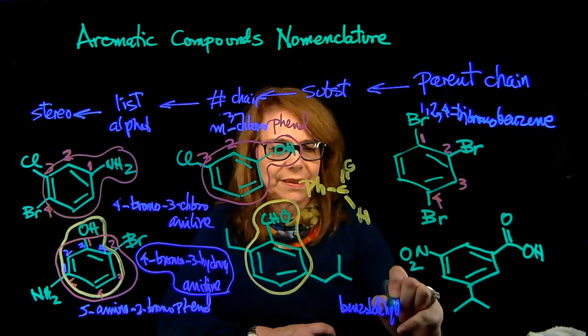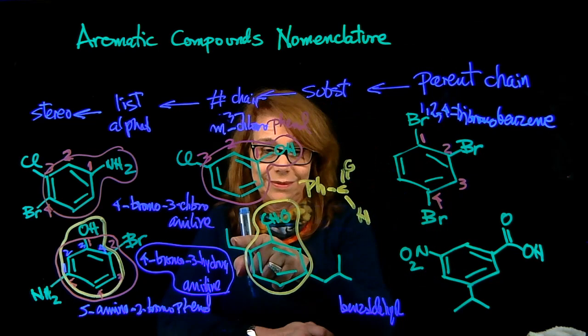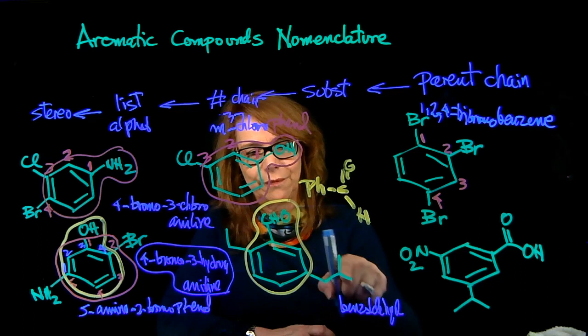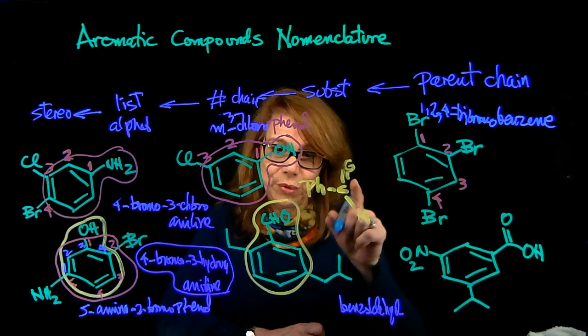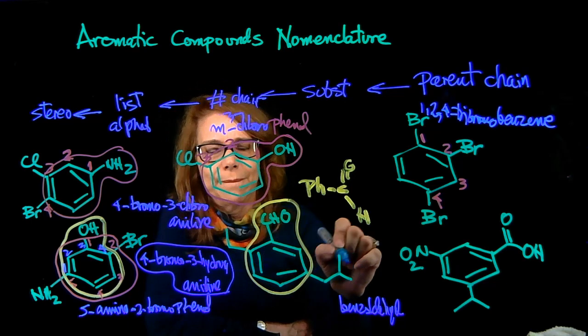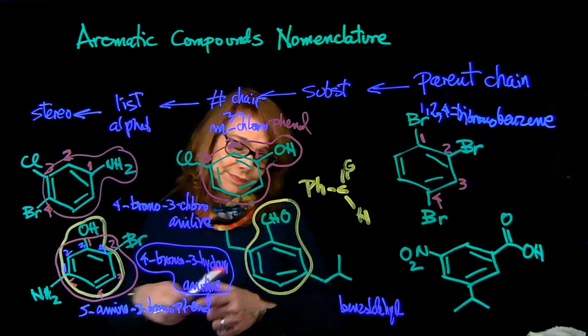That's the first thing I always do. Then the substituents are ethyl, and this substituent, which has 1, 2, 3, and 4 carbons, is isobutyl. The next step is the numbering, so that I can list them.